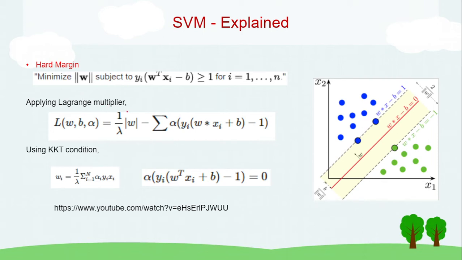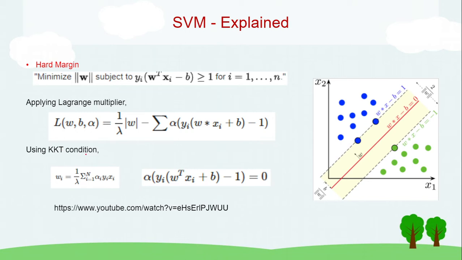I'm not going into the detail because you will see this video. And once you have this optimization problem, typically what you do, you try to differentiate. When you are trying to maximize or minimize, you have to equate it to 0, correct? So that exactly we will be doing.